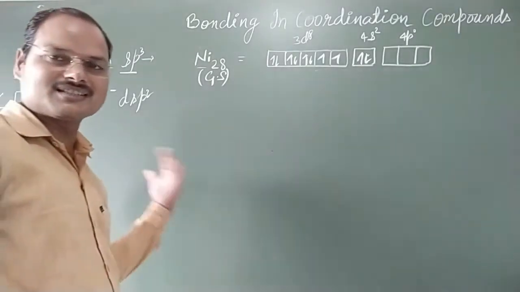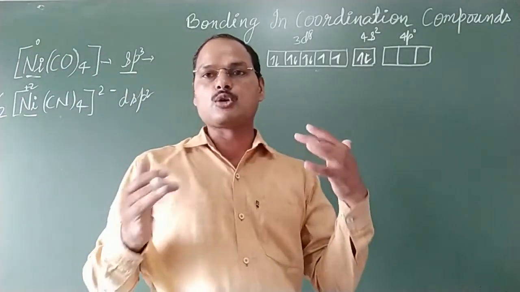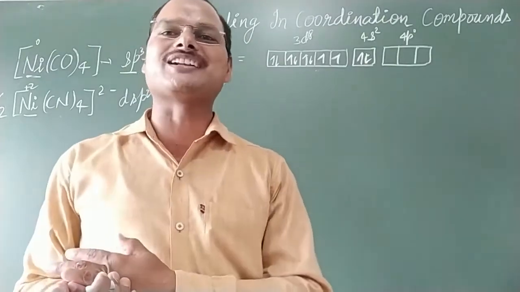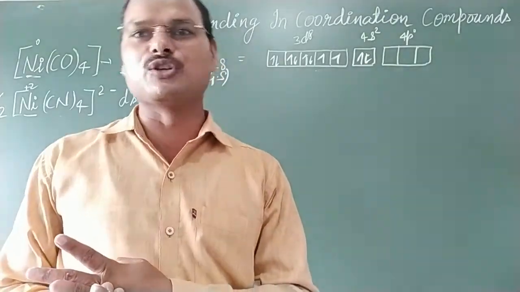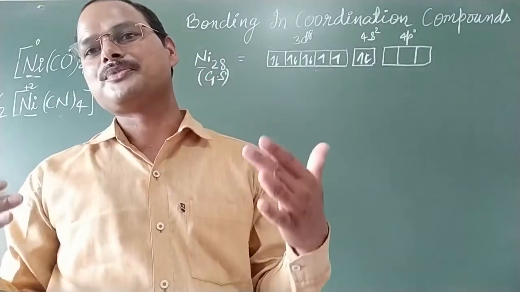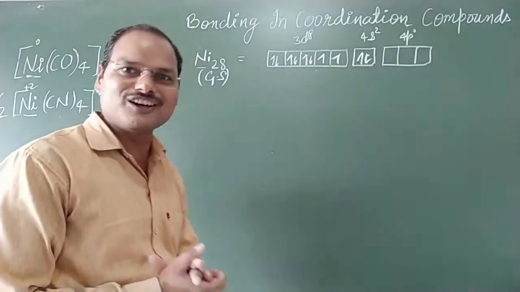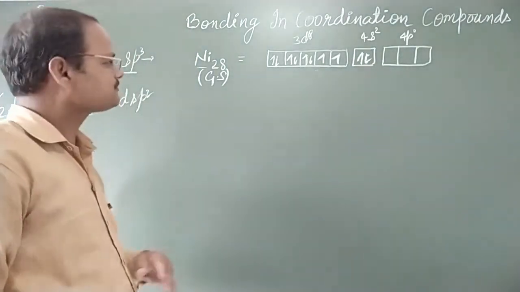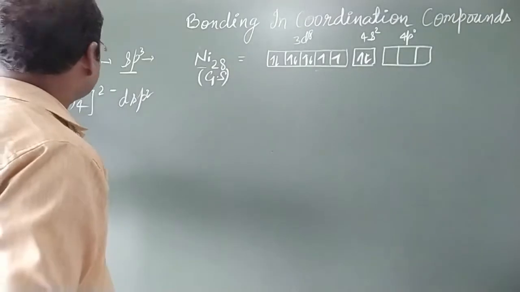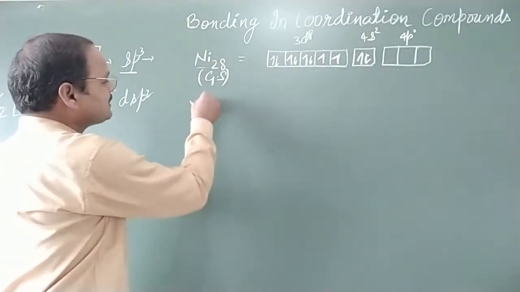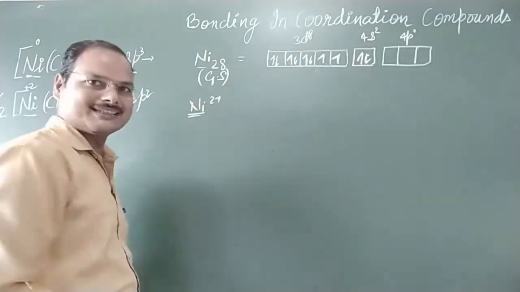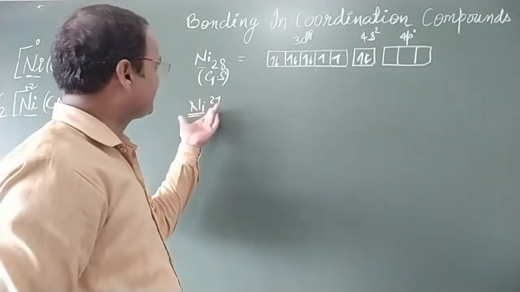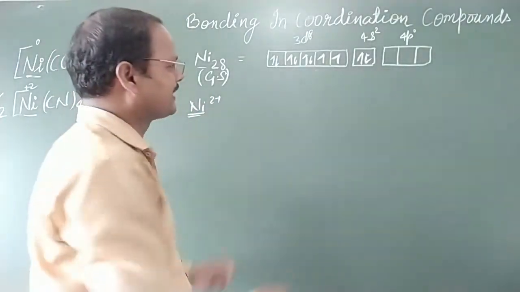I have explained how to find the oxidation states of central metal through 2-3 videos, so you can watch them to know how to find the oxidation states of central metal.